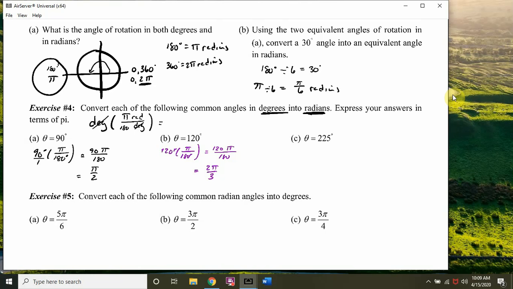Okay, and in part C, we're going to take 225 degrees and multiply by pi radians over 180 degrees. Those units cancel. We get 225 pi over 180. And if you do 225 over 180 and simplify that fraction, you're going to get 5 over 4. So in this case, we get 5 pi over 4 radians back.